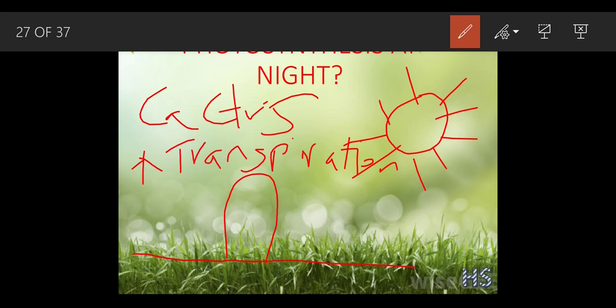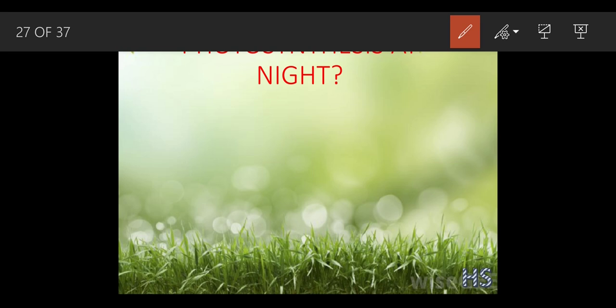So how does this cactus work during the daytime? During daytime, the stomata which are present in the cactus close. Exactly reverse.